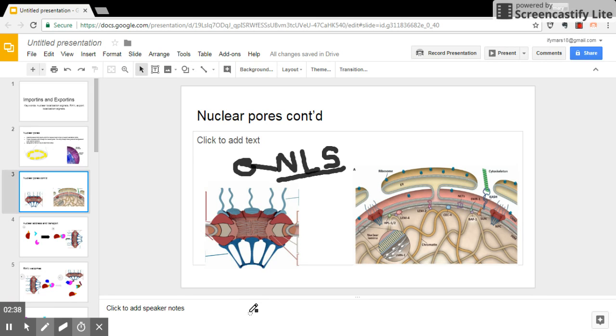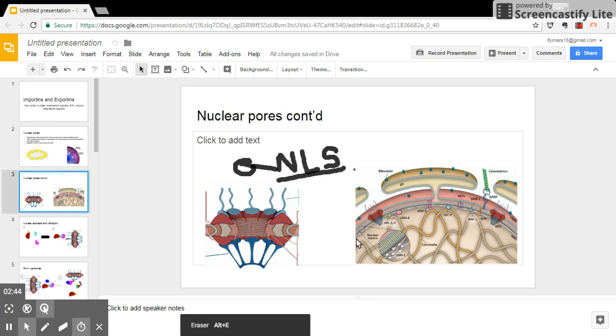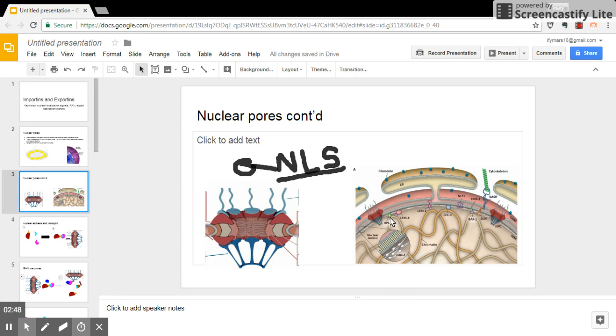I'll show this in the next slide. If it doesn't have it, then it can't pass through, because the nucleus needs to regulate what goes in and out. However, really small particles can just diffuse through the nuclear membrane.